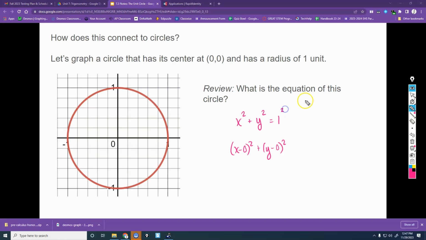Technically 1 squared, but 1 squared is just 1 right there. So this would be our equation of our circle, because that formula that we had for the circle is x minus h squared plus y minus k squared equals the radius squared for that.